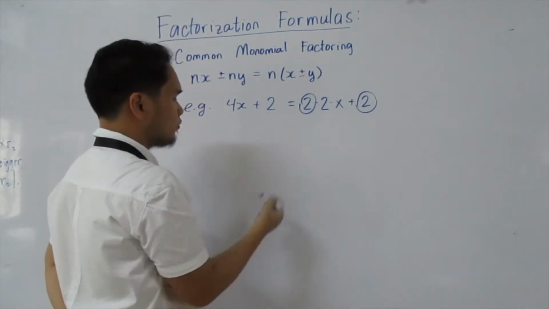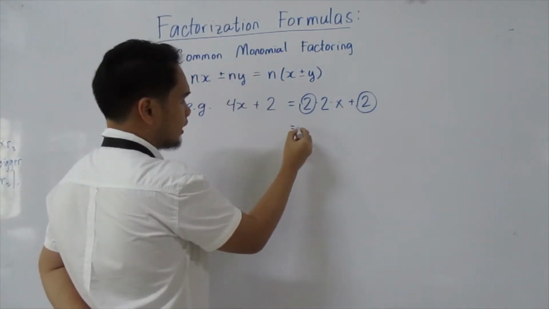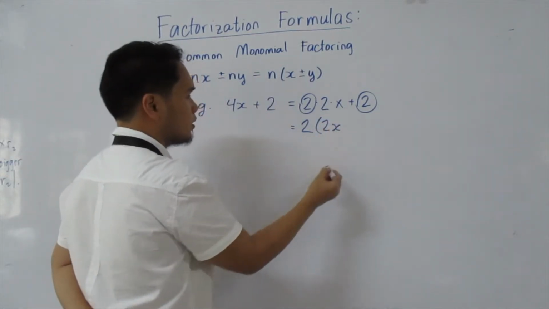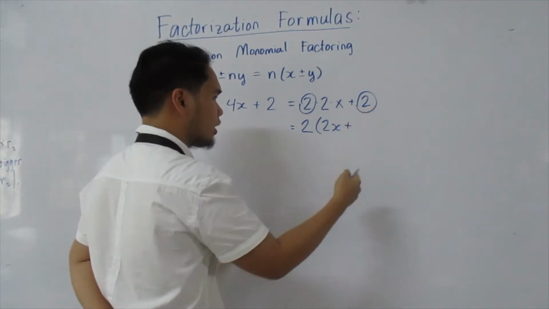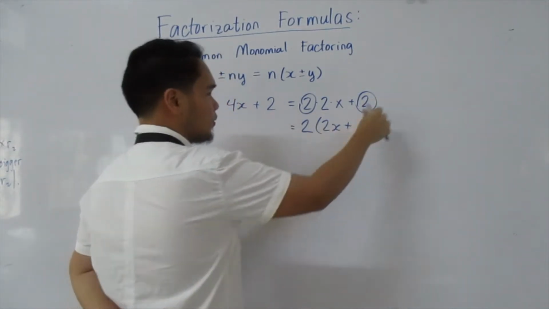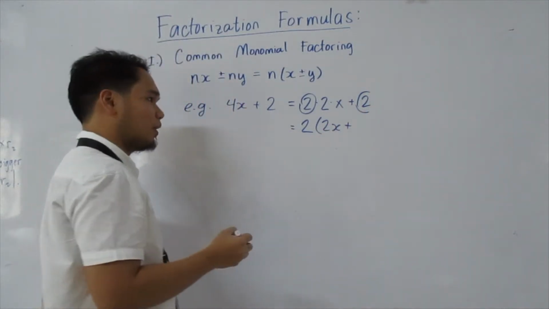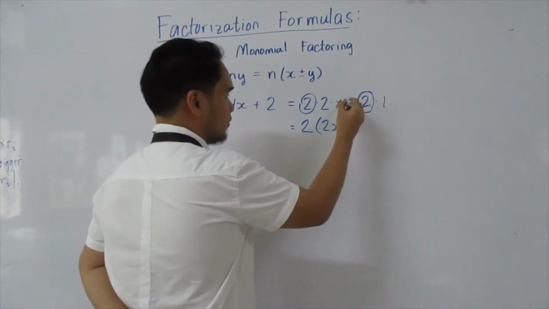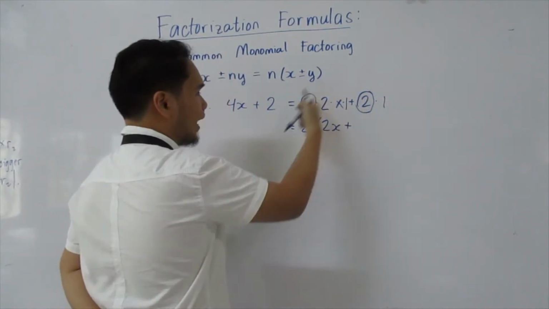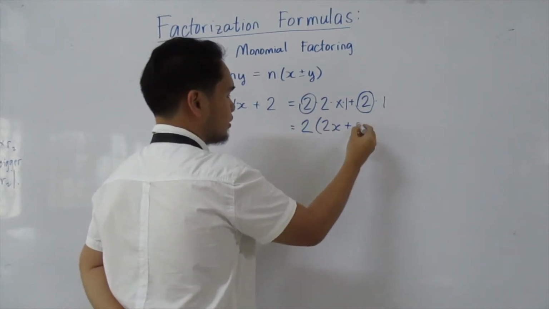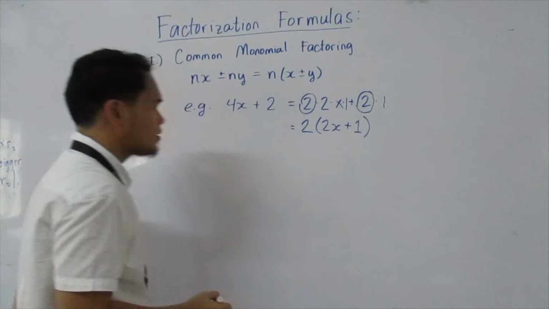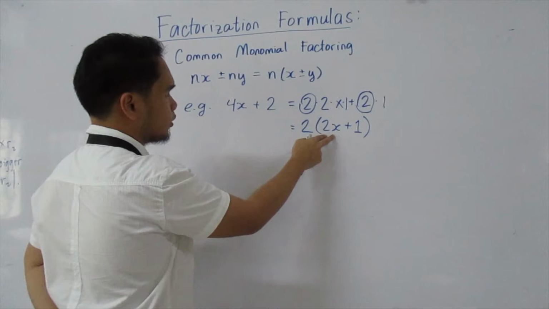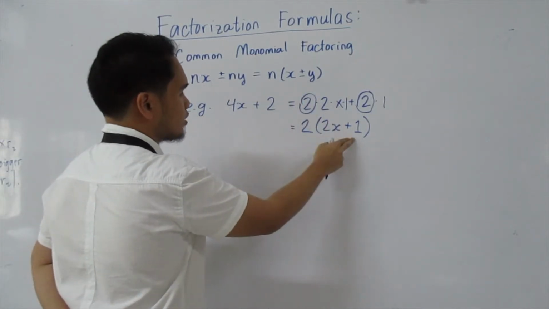If we get the common monomial factor, this will look like 2, that's your n, open parenthesis, 2x plus, since we got that 2 here, recall that in every term, by the identity property of multiplication, there will always be a 1. So this will be 2 times 1 also. If we get the 2 out, what will be left over here is the 1. Therefore, 4x plus 2 will be equal to 2, that's your n, times the quantity 2x plus 1. Imagine your x here as your 2x and your y is 1.